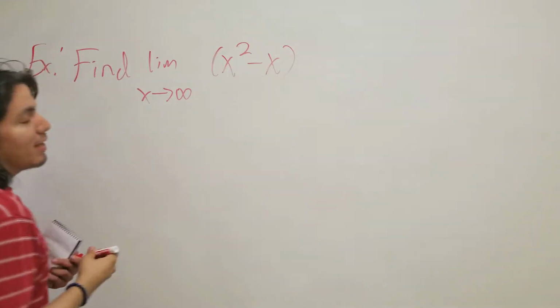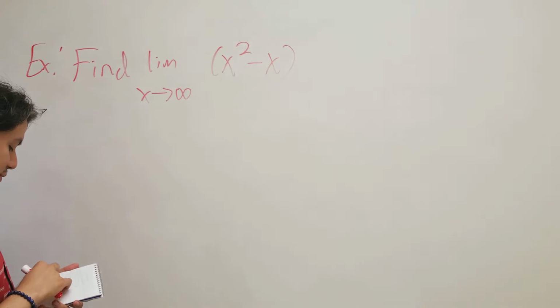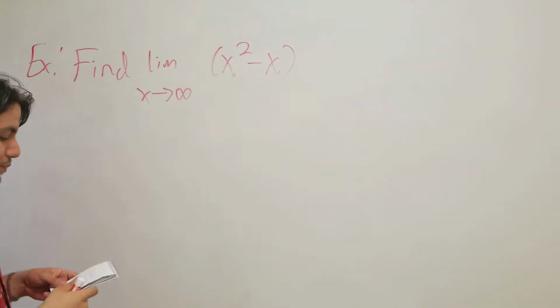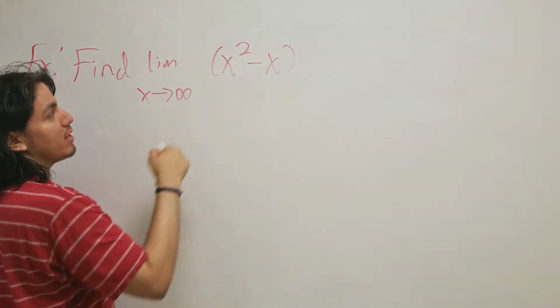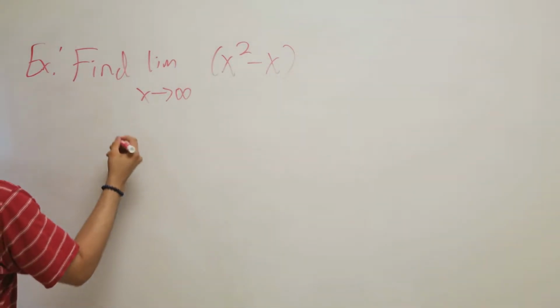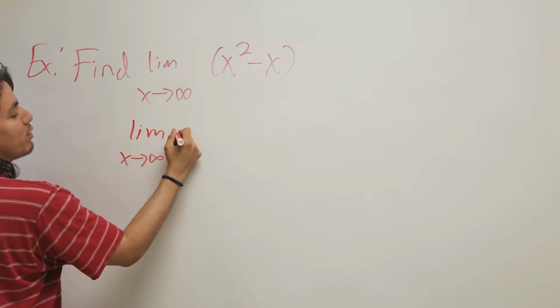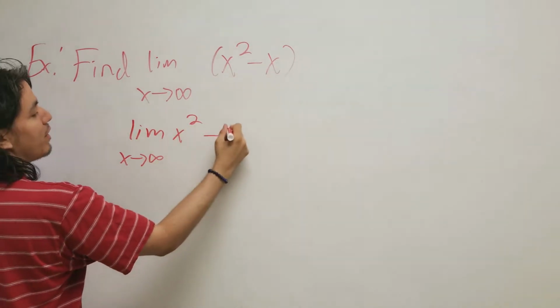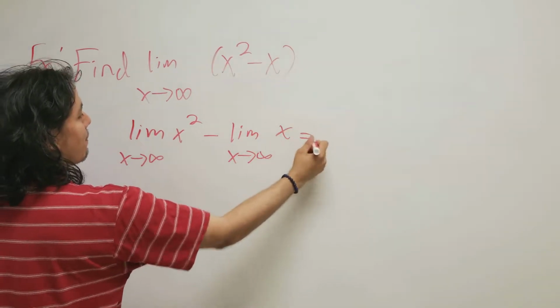Now I know it's tempting. One of the properties of limits was to distribute the limit to each term. So let's see what would happen. I just say the limit as x approaches infinity of x squared minus the limit as x approaches infinity of x, right?